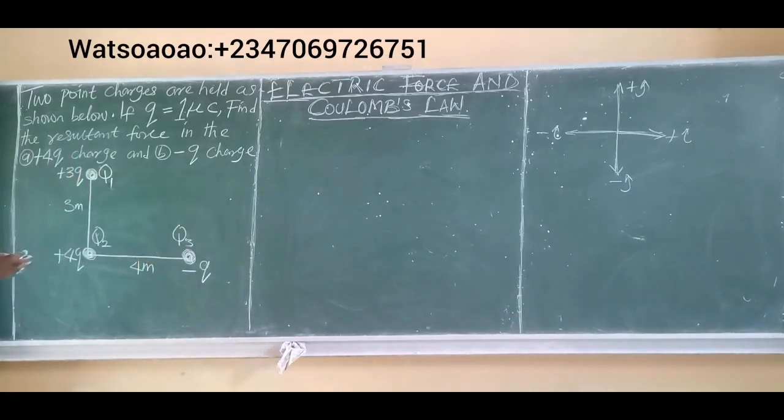Now, in the first question, you're asked to find the resultant force in the plus 4Q charge, which means the plus 4Q charge has been made my reference charge. So if we're looking for the resultant force acting on the plus 4Q charge, which we just called Q2, then Q2 becomes my reference charge.